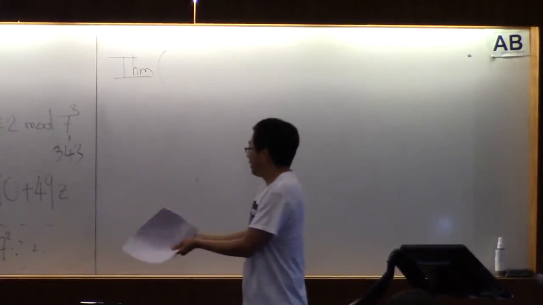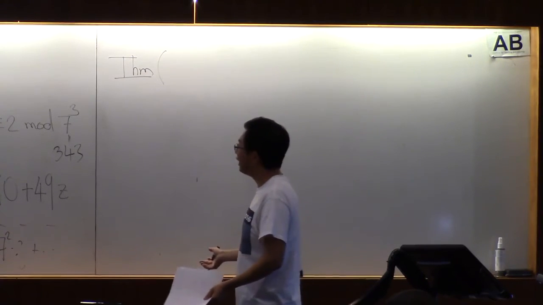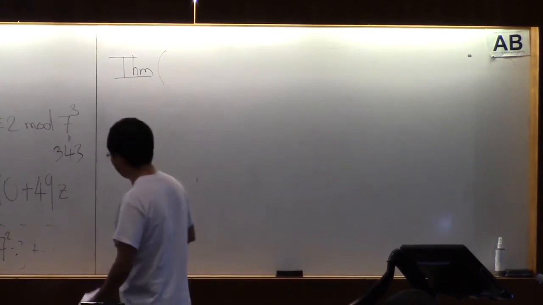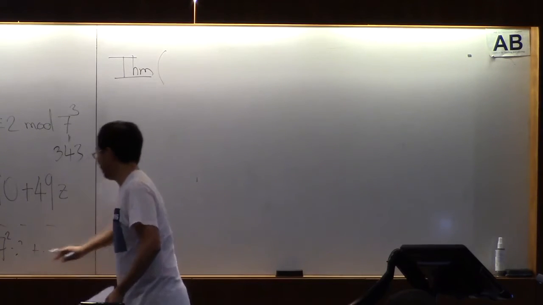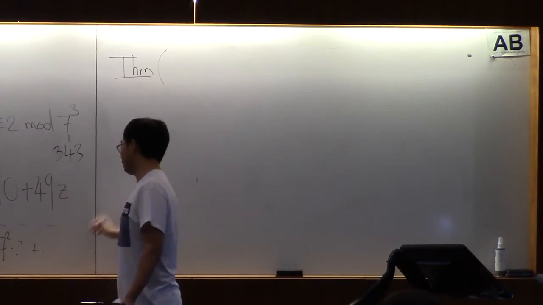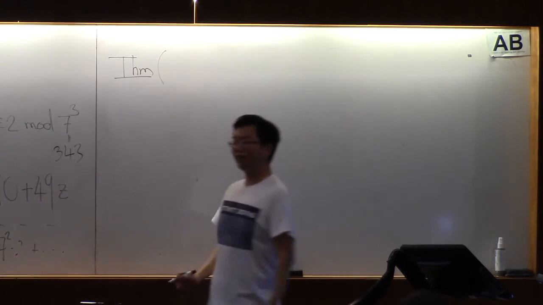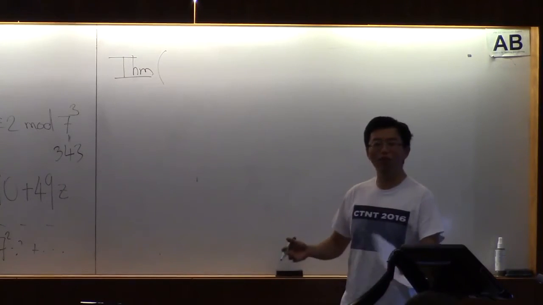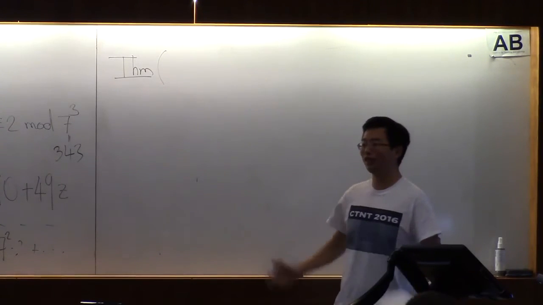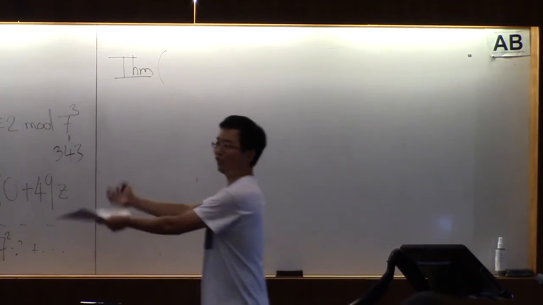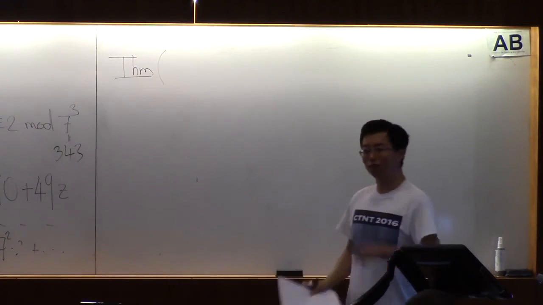If you want to actually write down the number, it's something that can only be done by computer because the numbers are large. But the point is that there exists such a thing. You can always find such numbers.